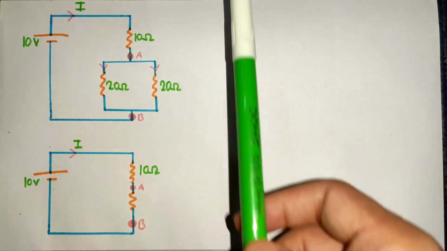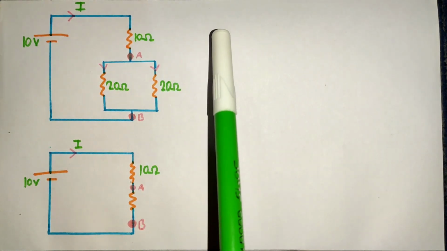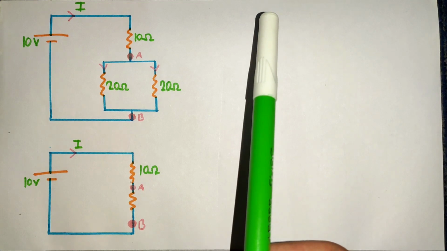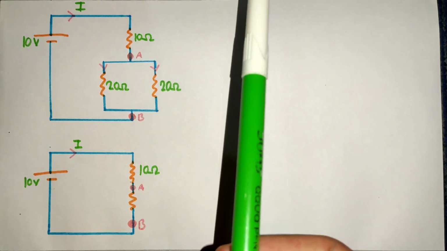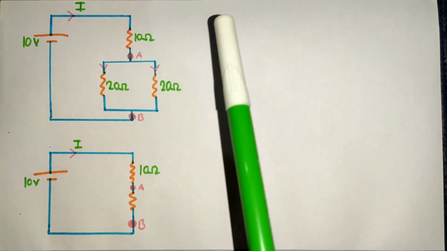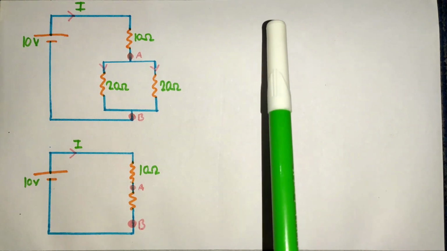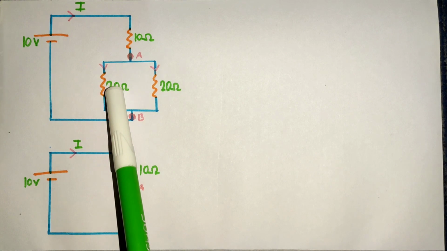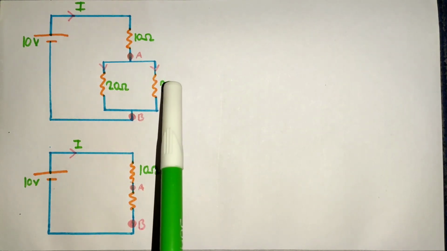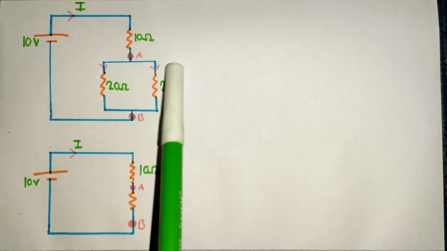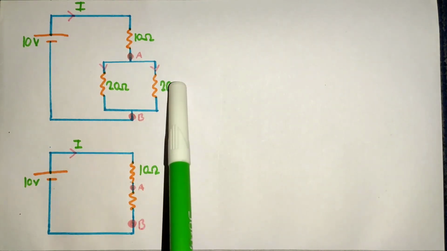As I already said earlier in this video, this circuit is combination of both series and parallel connection. So the way to solve this problem is to simplify the circuit. If we take a look between A and B, we see 20 ohm resistors are in a parallel connection, and the equivalent resistance of this parallel circuit is in a series connection with 10 ohm resistor.